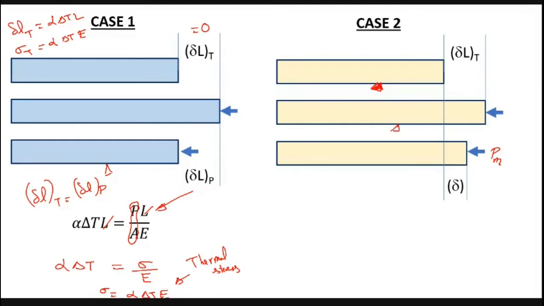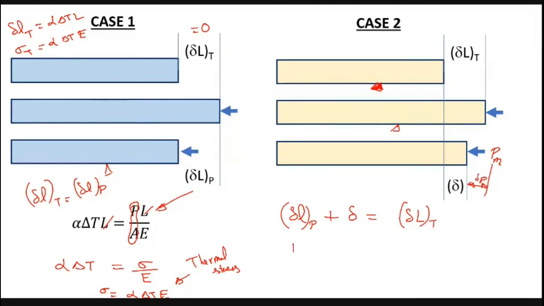In this case, what can I do? I can equate it. So del L due to the force P plus this gap del is equal to del LT due to temperature.